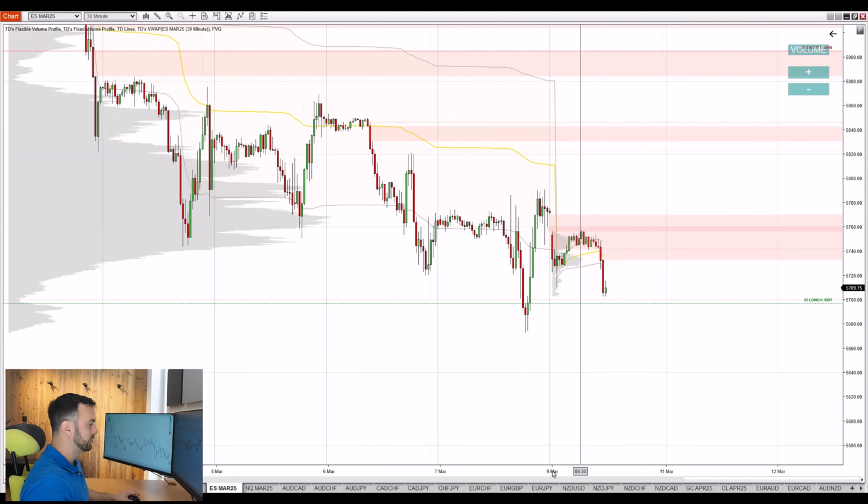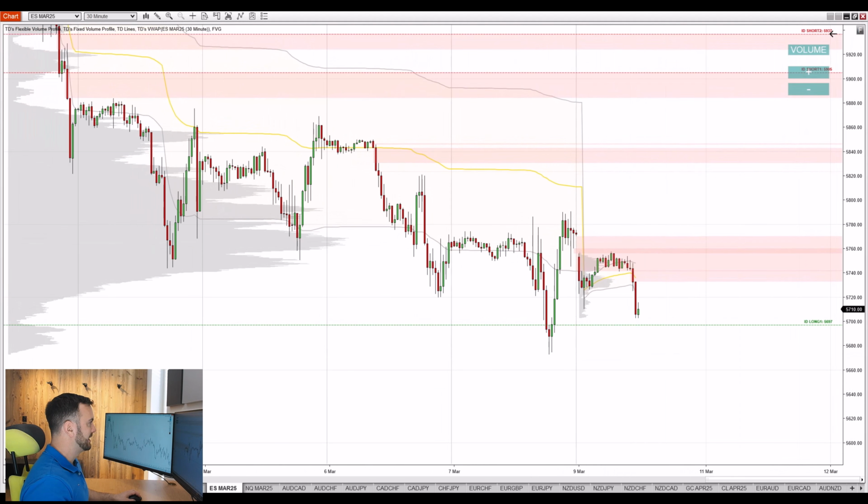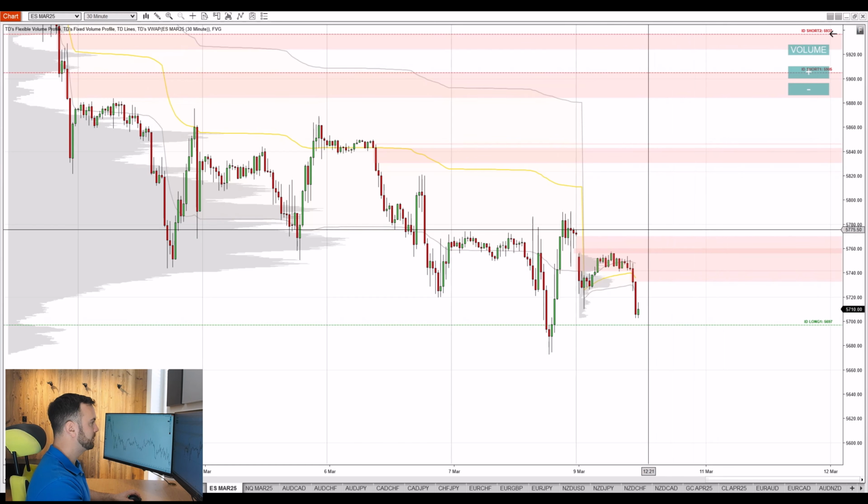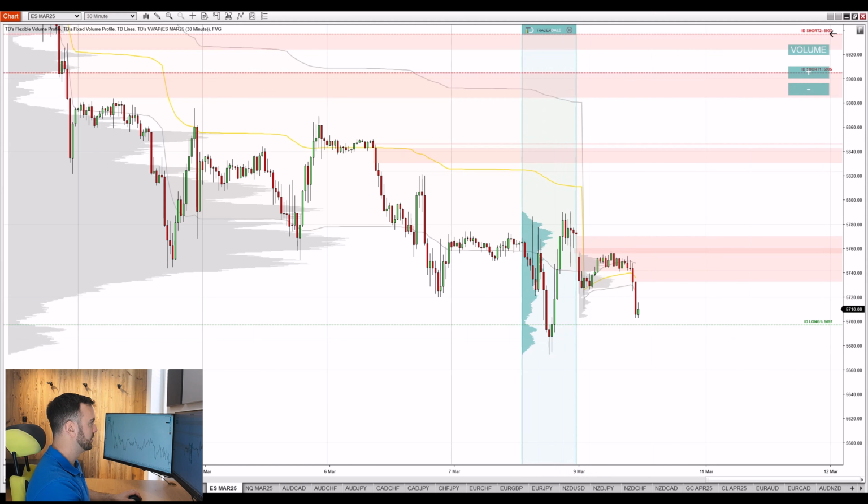And the reason I don't want to miss this trade is that there's a pretty huge heavy volume zone in here within this very sharp rejection of lower prices. What this is telling me is that sellers were pushing the price downwards, but then buyers started to jump in here.